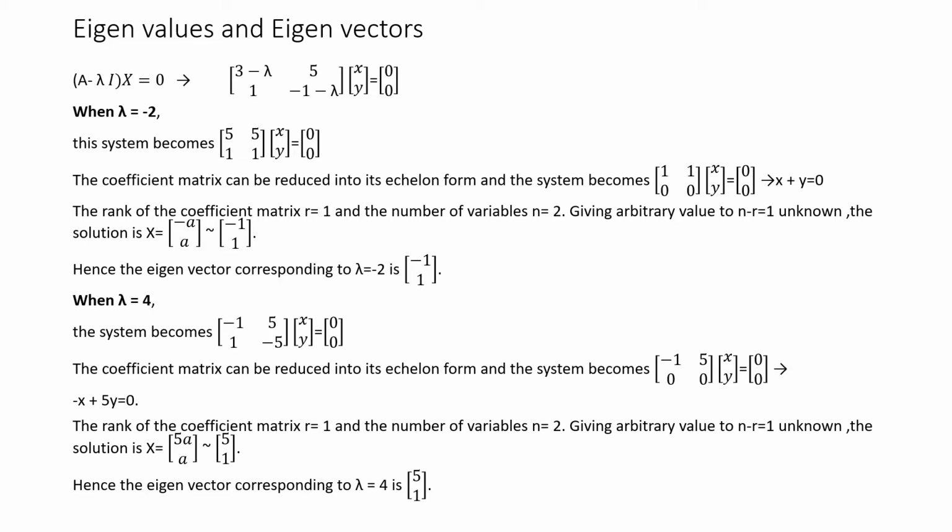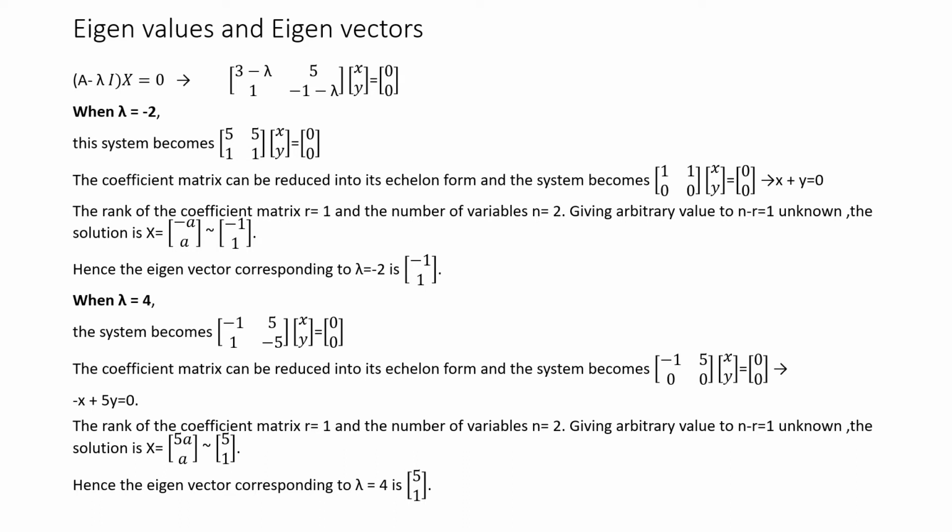When lambda equals 4, the system (A minus lambda I) x equals 0 becomes the matrix with rows minus 1, 5 and 1, minus 5 into x, y equals 0. The coefficient matrix can be reduced into its echelon form, and when we substitute back into this system, it becomes rows minus 1, 5 and 0, 0 into column x, y equals 0, which implies minus x plus 5y equals 0.